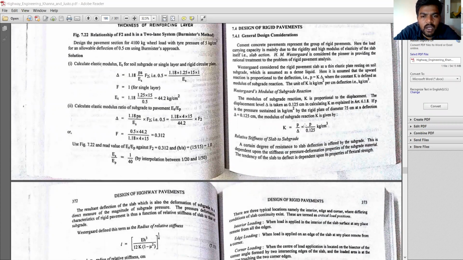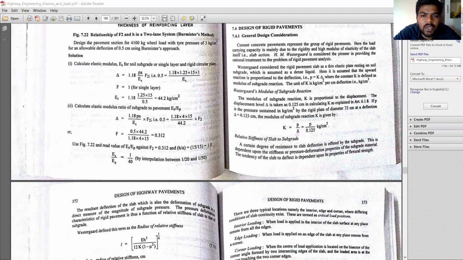Here, this subgrade reaction is given by Westergaard, hence the name Westergaard modulus of subgrade reaction. As it is a rigid pavement construction, or cement concrete pavement, it is constructed directly above the subgrade.